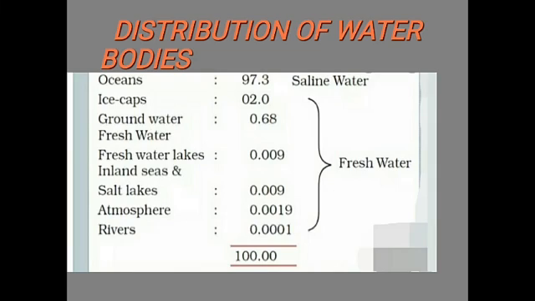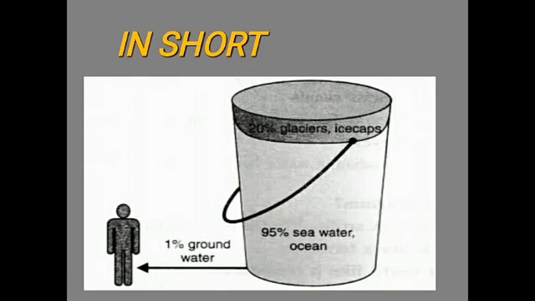So the total is 100%. So we can say that we have fresh water in a very little form. In short, we can say that 1% is groundwater, which is good for human beings.